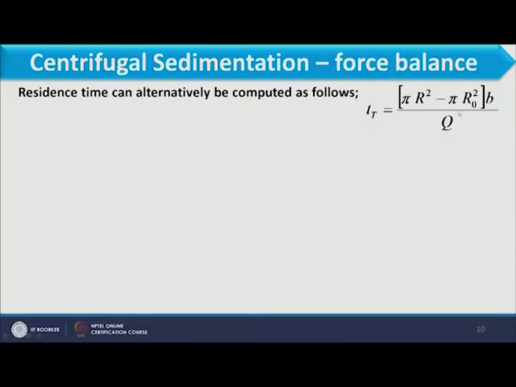We can also find residence time alternatively, by considering the total volume, which is the volume of the liquid in the bowl, divided by the volumetric flow rate. Division of these two will give the residence time, where Q is the rate of flow of liquid through the bowl.